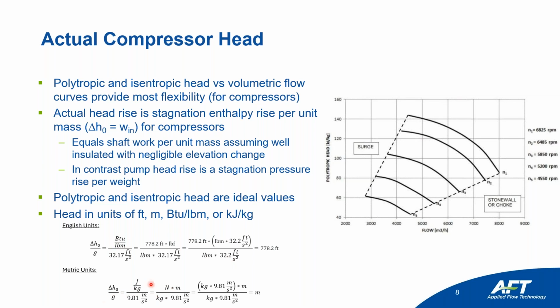Now for the metric units, you can see that the conversion's nice 1-to-1, as one might expect from metric. But this just shows how to get to those length units and get from those back to energy units that you would expect for your isentropic and polytropic head.